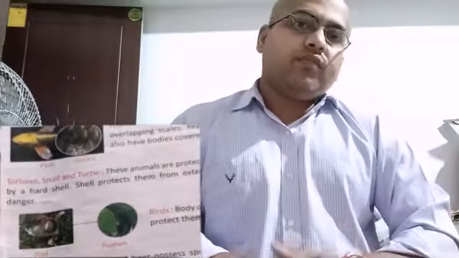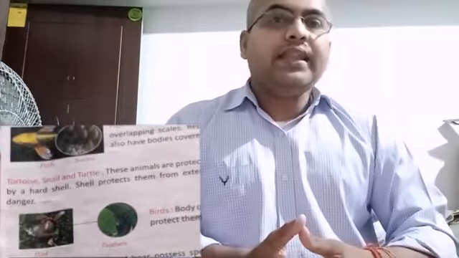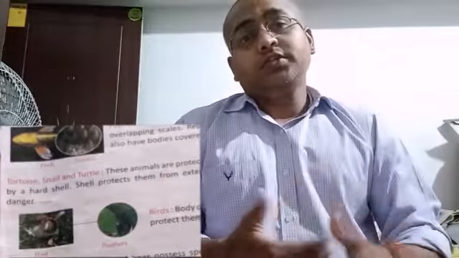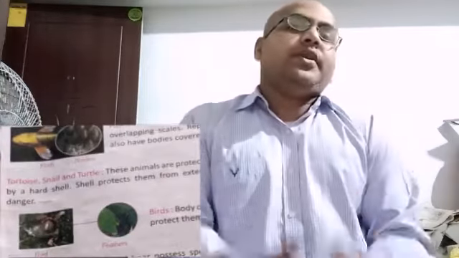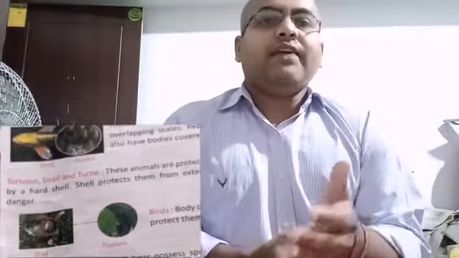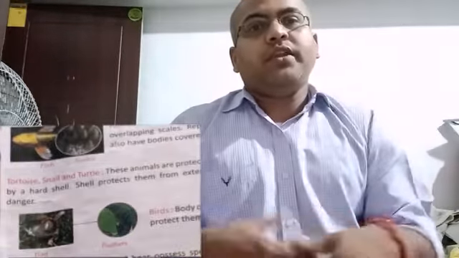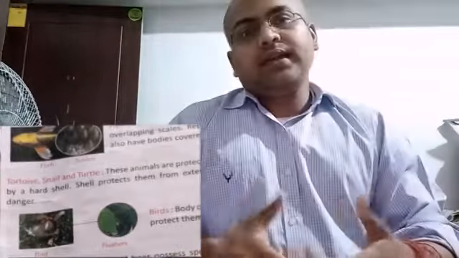So this is their environment. Next comes the habitat, that is the area in which the organism grows naturally is called the habitat of that organism. So different animals live in different environments or different habitats, and as per the need of that environment they grow like that.